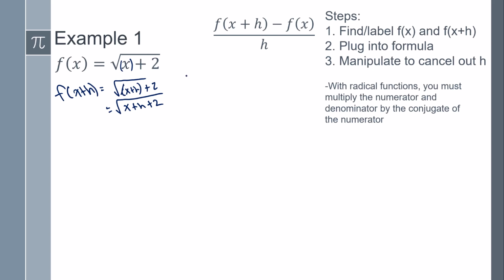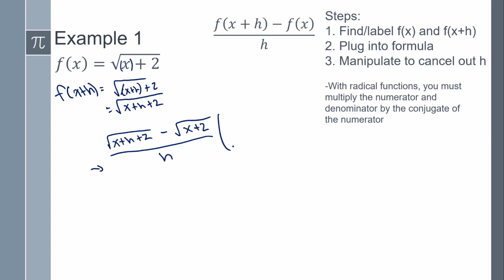Now plugging it into the difference quotient. So f of x plus h minus f of x all over h. Now the algebra trick to reduce or cancel out this h here is going to be by multiplying both the denominator and the numerator by the conjugate of the numerator.